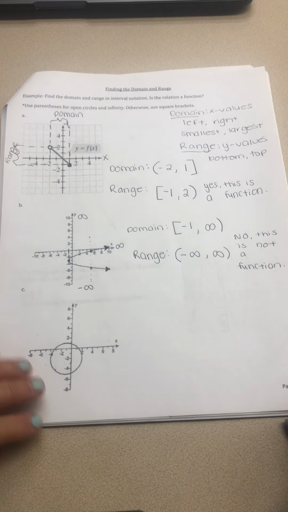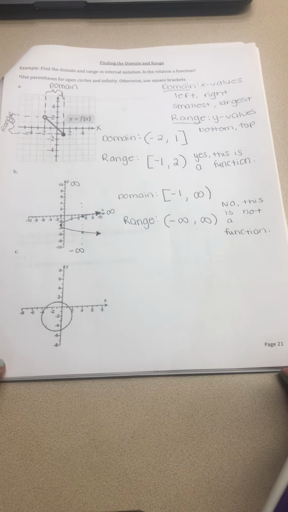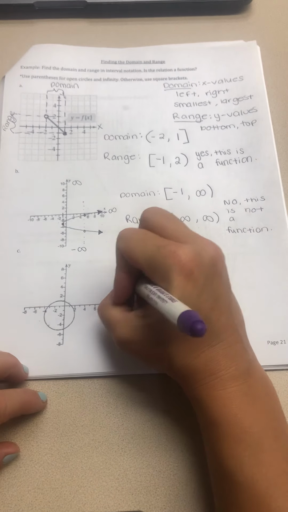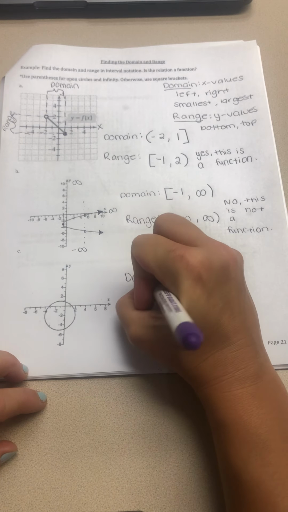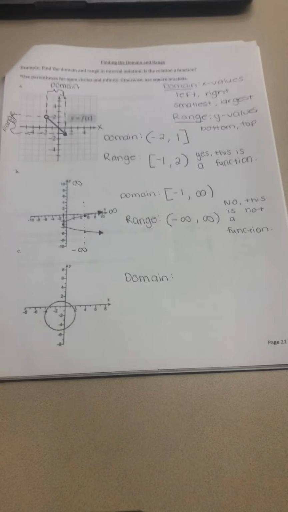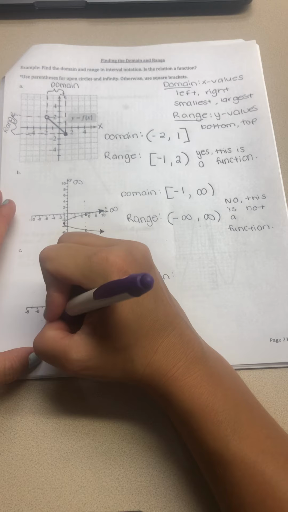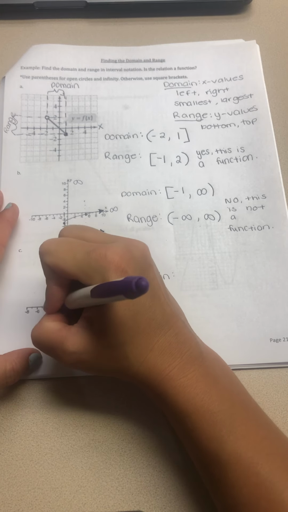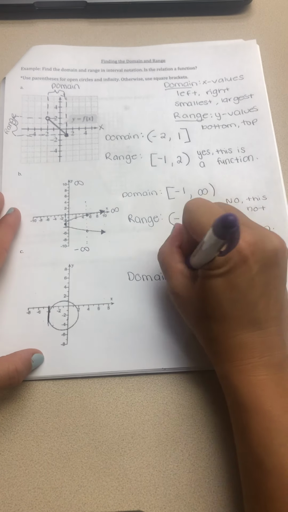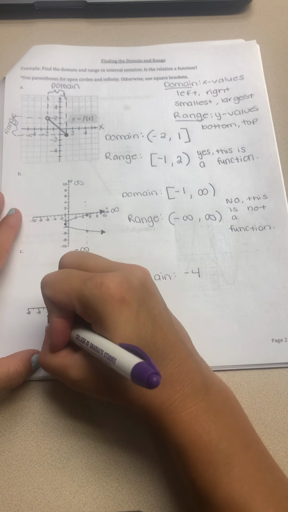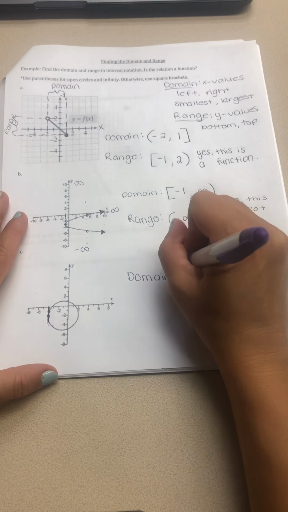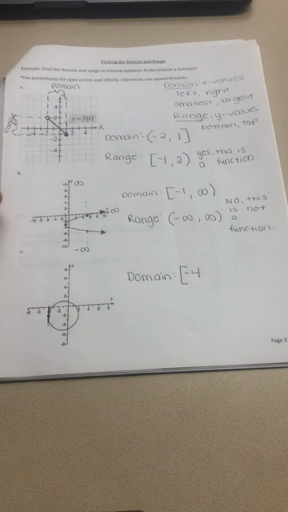All right, so example C. Again, domain and range. This time we have a circle, but it's going to be the same concept. Starting with our domain, we're looking at our graph from left to right. This looks like it's the furthest left x value, which is -4. These are all closed circles, so -4 is included. -4 is an x value, so we're going to use a bracket.